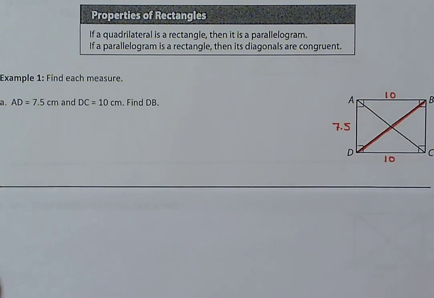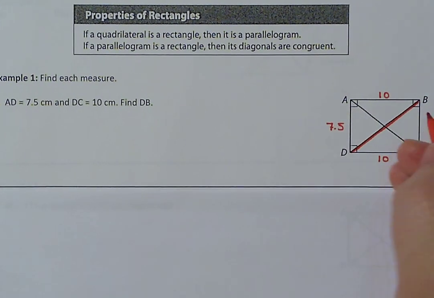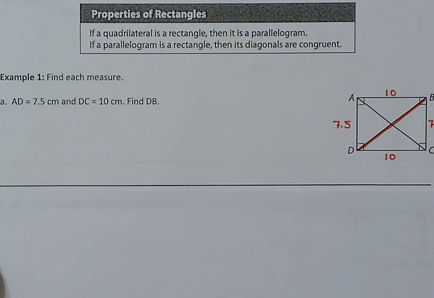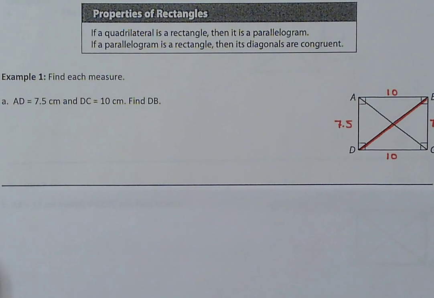So that's 10, and BC is also 7.5. So I'm going to move it back over even though it's going to cover it up. Knowing that, we're going to use that information to figure out BD.